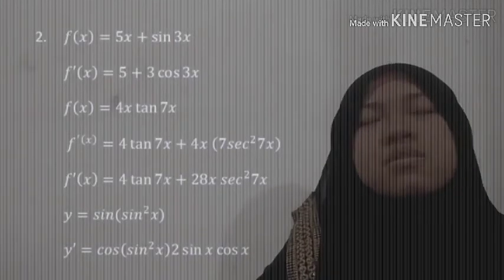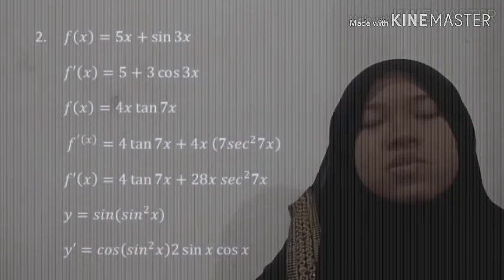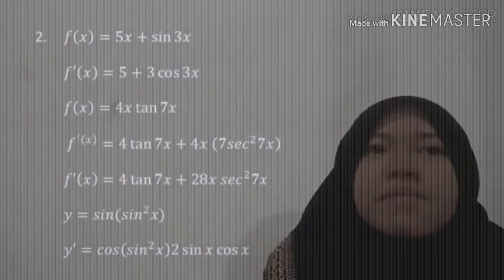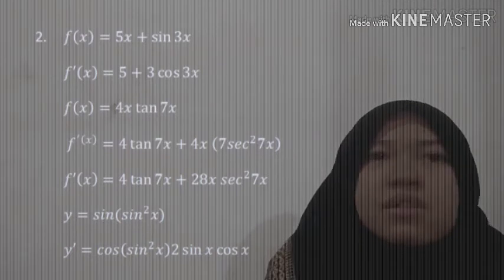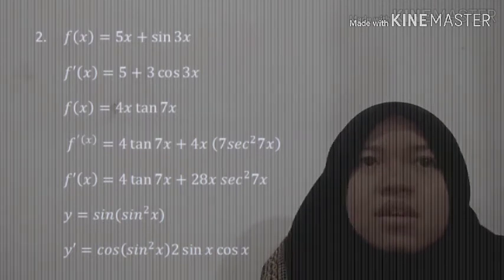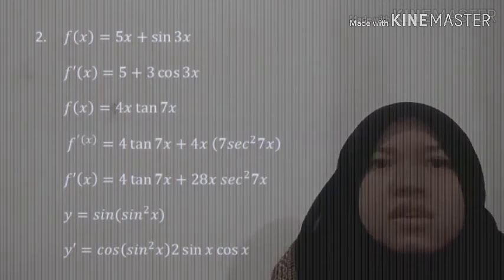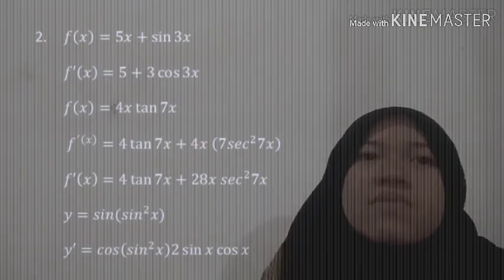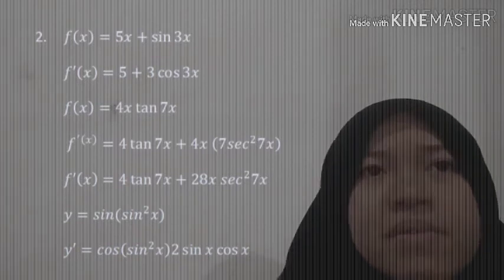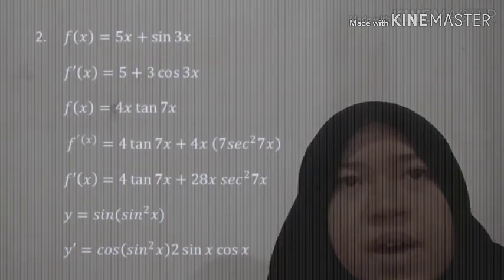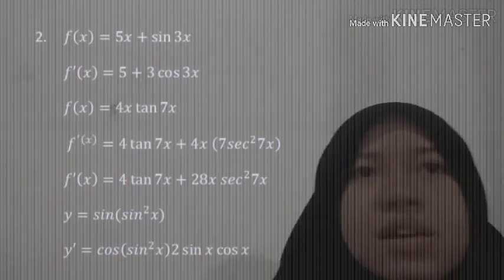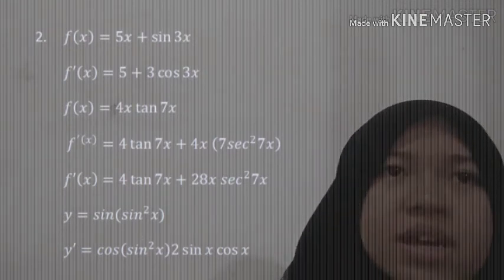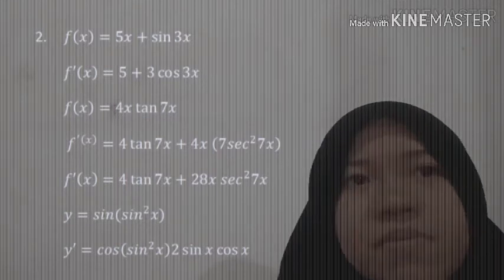When f of x is equal to 5x plus sine of 3x, by using the addition formula for derivative, f prime of x, the derivative of 5x is equal to 5, and the derivative of sine of 3x is equal to 3 cosine 3x. So f prime of x is equal to 5 plus 3 cosine of 3x.